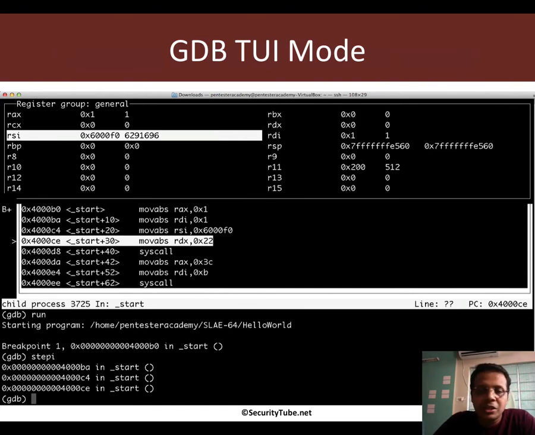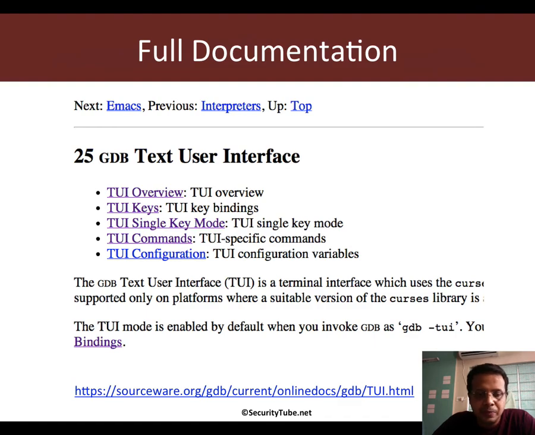This is really what the GDB TUI mode is, where it allows you to have multiple windows. In one window you can have your assembly language code, in the other one you can have all the registers, and in the bottom control one you can set breakpoints, look at memory and whatnot.